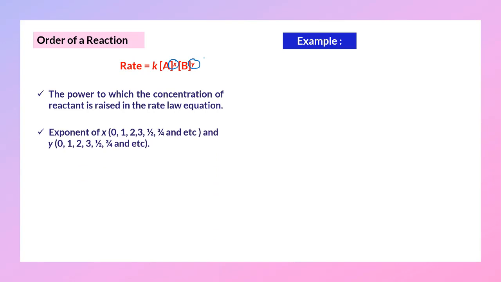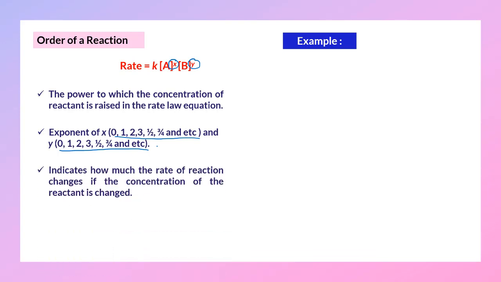And it could be 0, 1, 2, 3, half, 3 over 4 and etc. for x, and 0, 1, 2, 3, half, 3 over 4 and etc. for y.